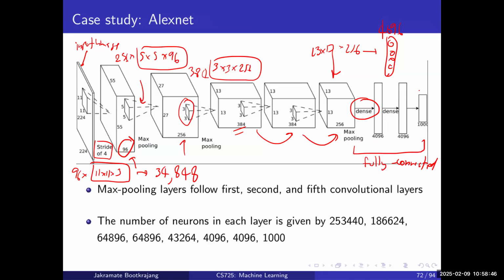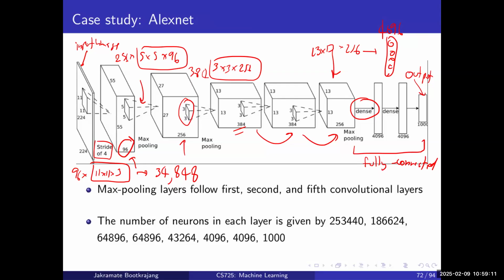And then in the end, you will get maybe 1000. Like this will be your output layer. And why 1000? Well, it depends on your task actually. For AlexNet, they want to classify 1000 classes.